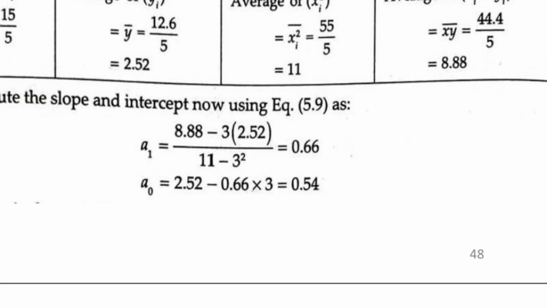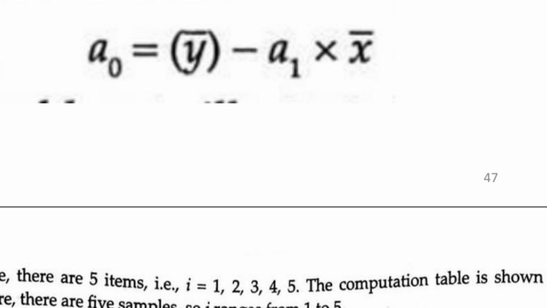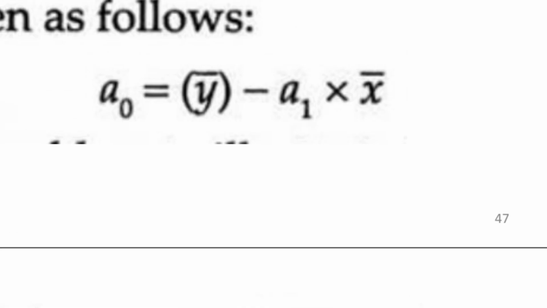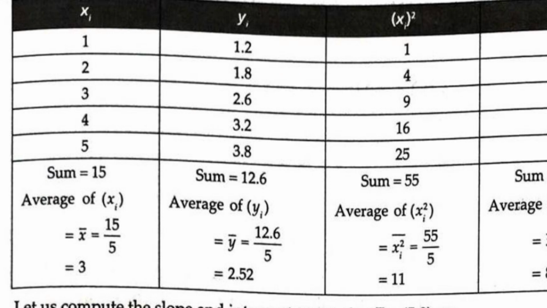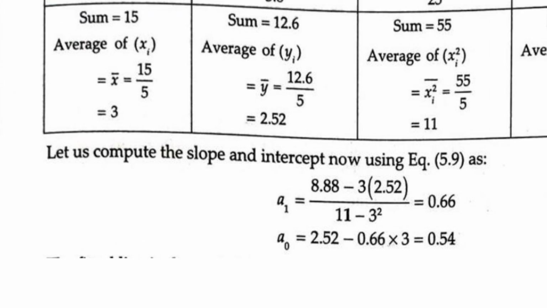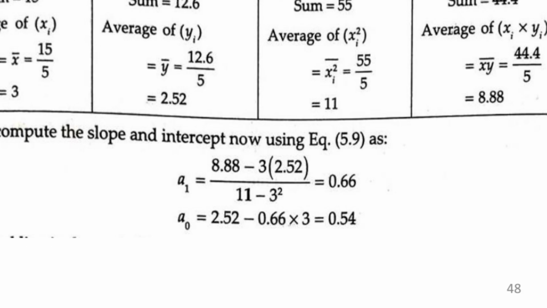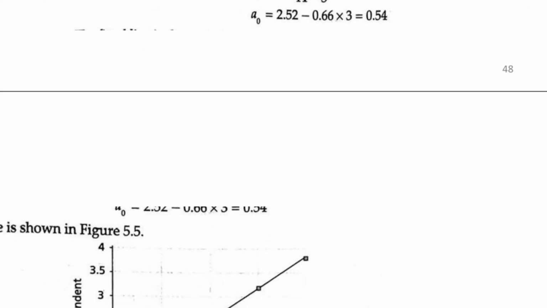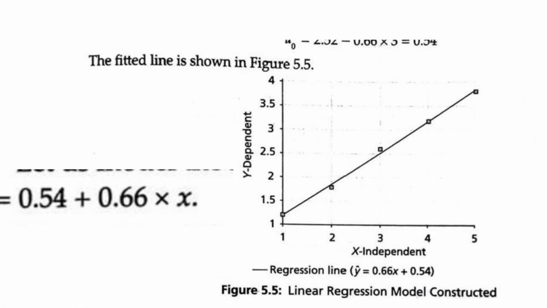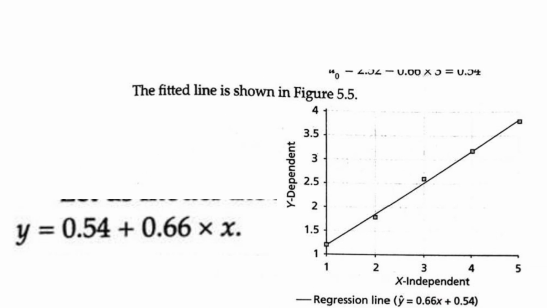And a naught can be computed as y bar minus a1 into x bar, that is 2.52 minus 0.66 into 3, that is 0.54. So that is the equation that we got: y equal to 0.54 plus 0.66 into x.